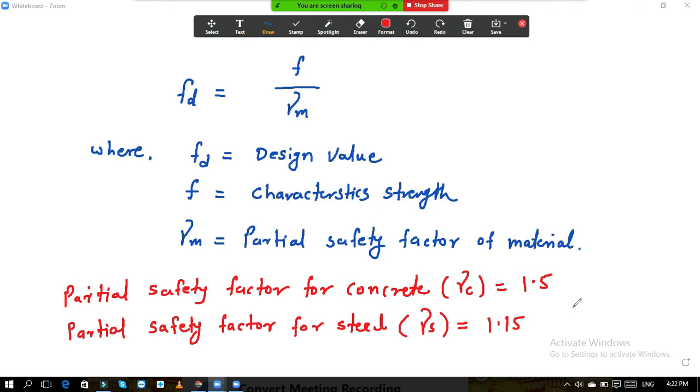So in the next lecture, we will go for stress block parameters of limit state method. Okay, stress block parameters. From the next lecture, it is very important. Till now, just the theory part was there. This theory part is not much more difficult. If you read it once, you will get the things clearly.